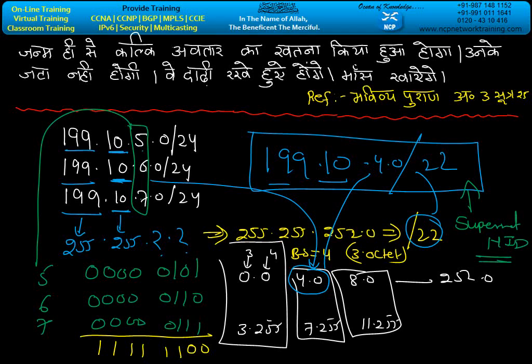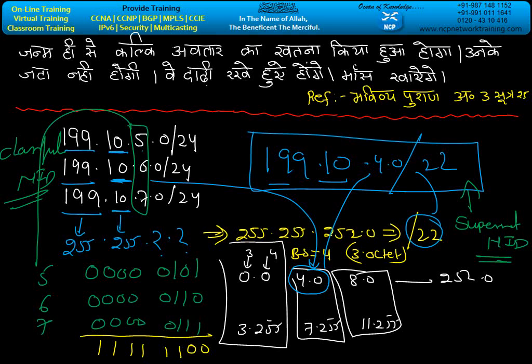In SuperNet NID we are adding classful NIDs. All are classful NIDs, not subnetted. If we are doing the addition of subnet NIDs and the procedure remains the same, after calculation the resultant number is called the summary NID. But in supernetting we are not adding subnet IDs, we are adding classful NIDs.